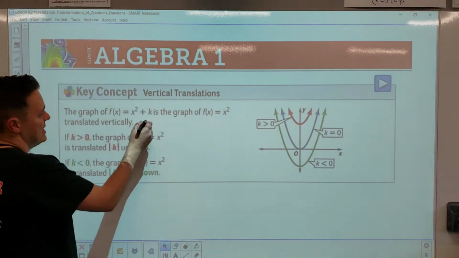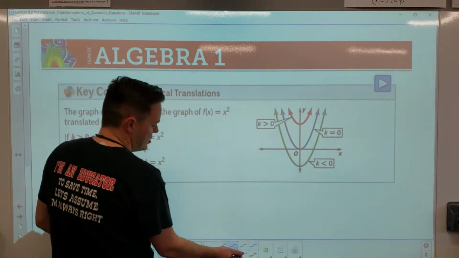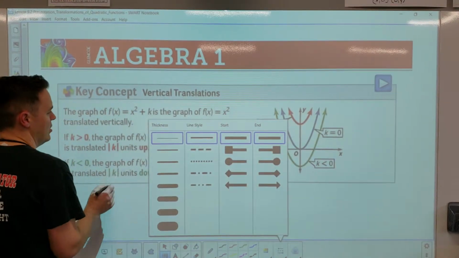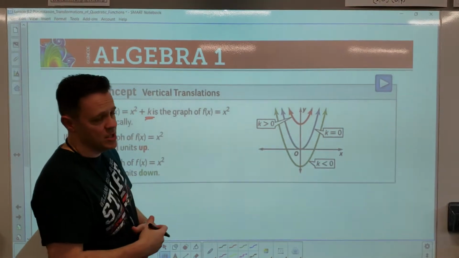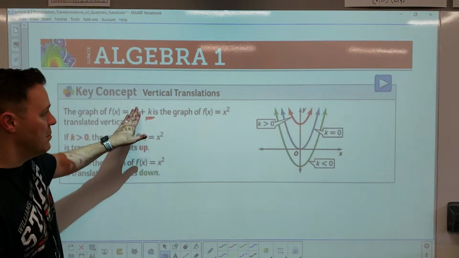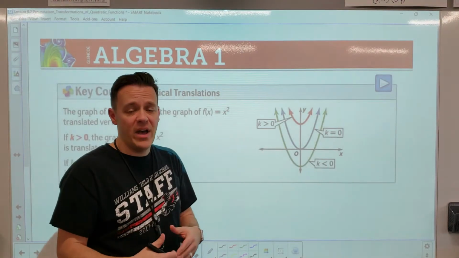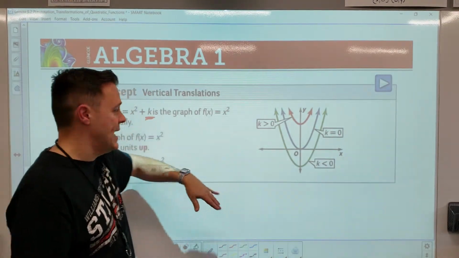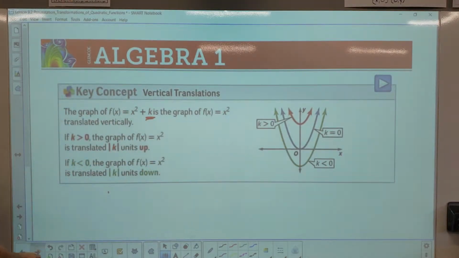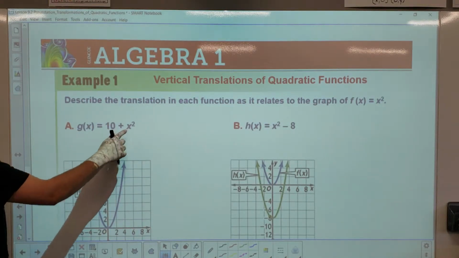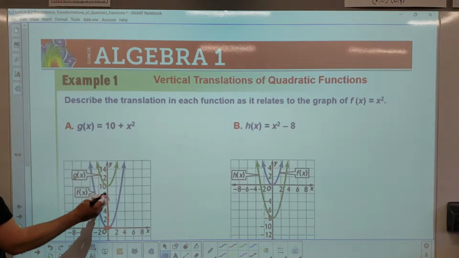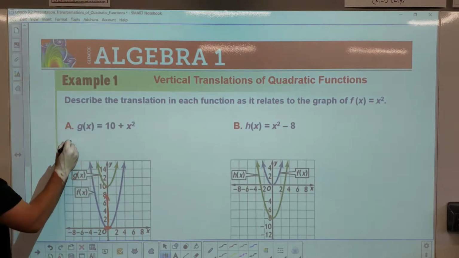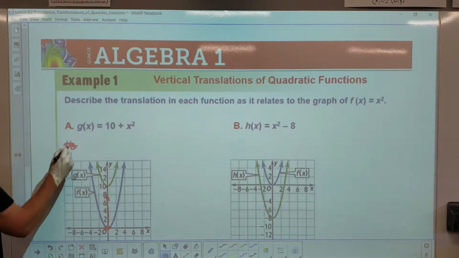It means taking this k value, which is part of the vertex form of the equation. Whenever you have x squared plus k, the k value moves the graph up and down depending on if it's positive or negative. So x squared plus 10 means you go from the original function up 10 units.